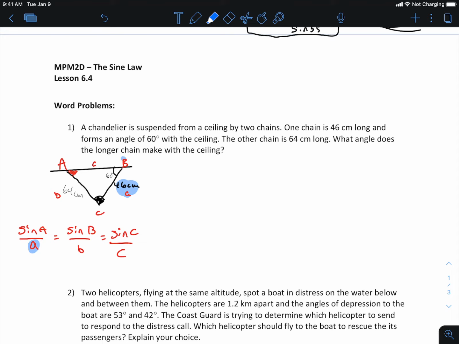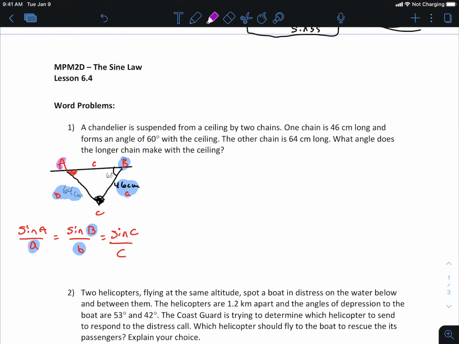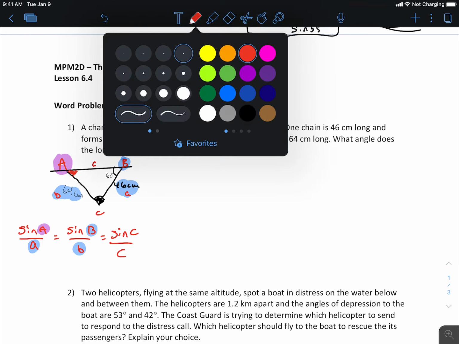I know angle B, right? And I know side length b. What's the one thing it's asking me for? Angle A. So we're just going to solve for angle A. Right? So just plug in the information that we know, and away we go.